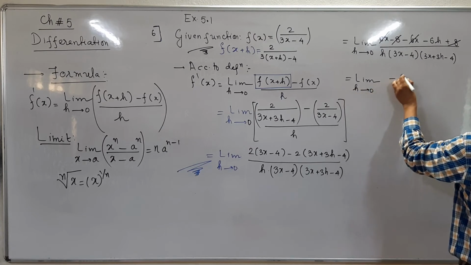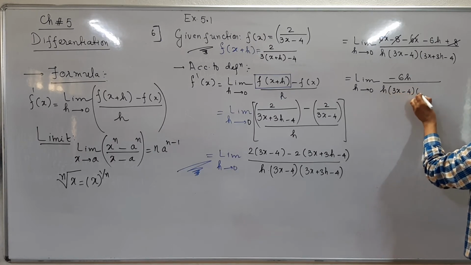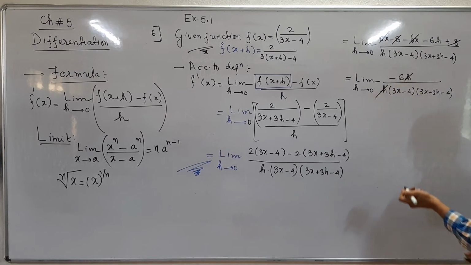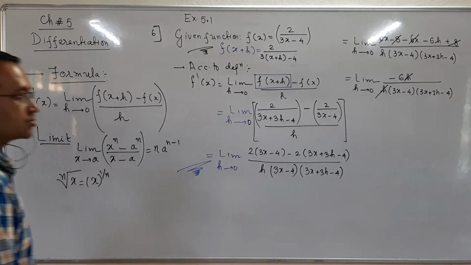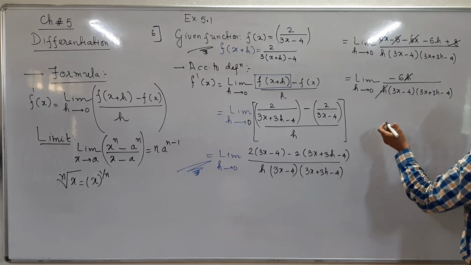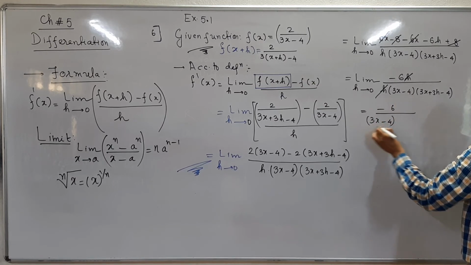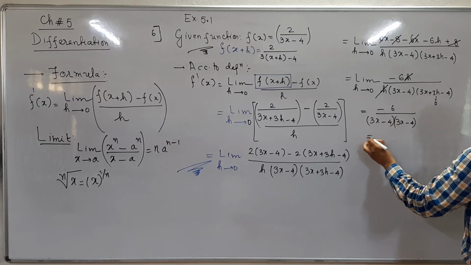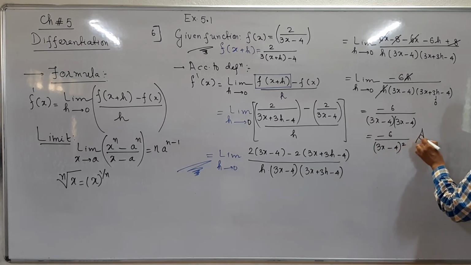Limit h tends to 0 minus 6h upon h into 3x minus 4 into 3x plus 3h minus 4. H and h get cancelled. Now it is a simple step: replace every h by 0, remaining as it is, minus 6. This 3x minus 4 we don't touch. This will become 0, so again it will be 3x minus 4. So the answer is minus 6 upon 3x minus 4, the whole square.